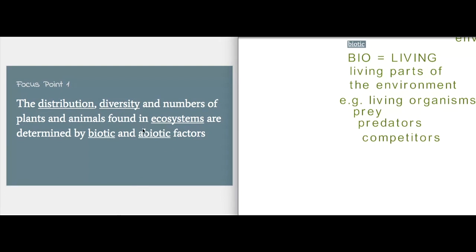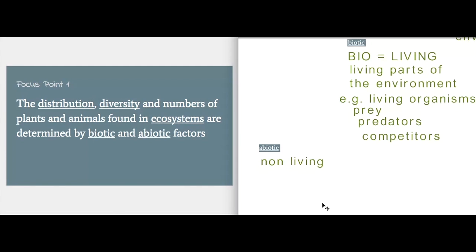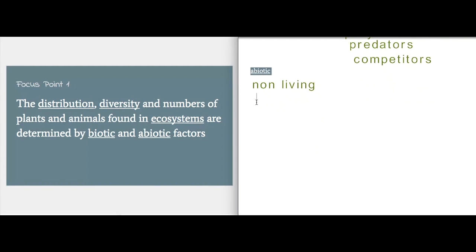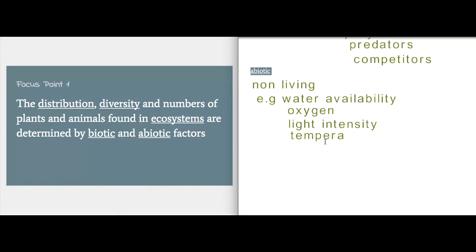So the next word, abiotic, has the opposite meaning to biotic. So we're referring to the non-living components of the environment. For example, the water availability, the oxygen availability, light intensity, temperature, the soil characteristics, pH, which is a measure of acidity levels, and wind exposure.